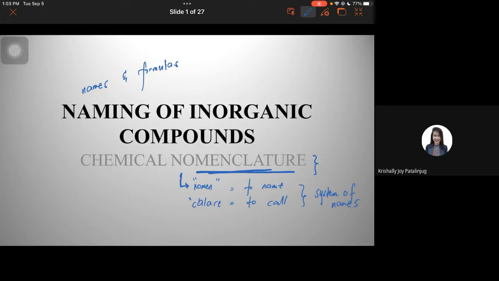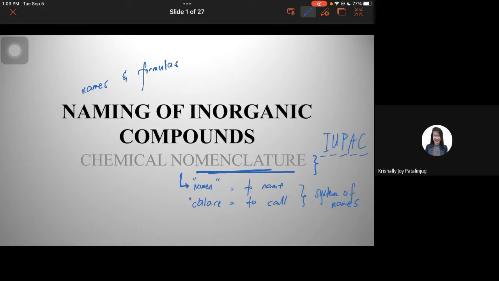Now, to name most compounds, may it be organic or inorganic, we rely on a systematic set of rules. Those rules are set by the IUPAC, or the International Union of Pure and Applied Chemistry.